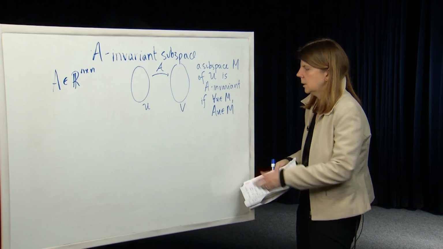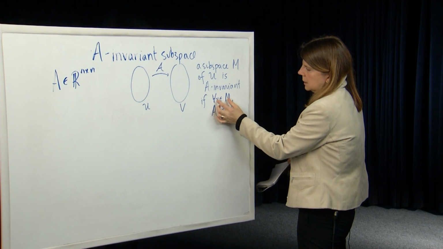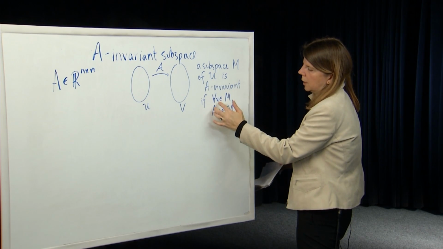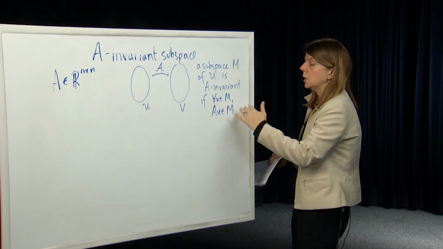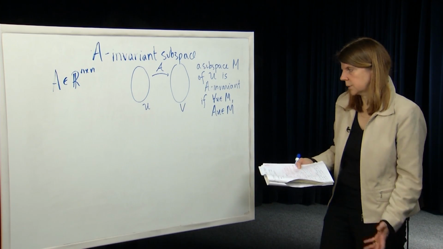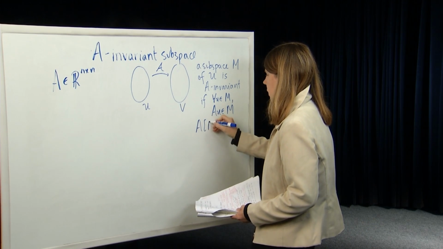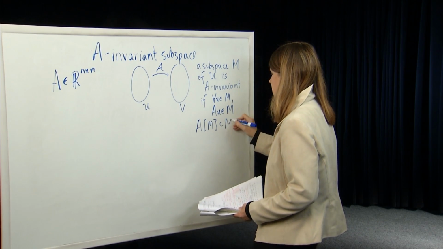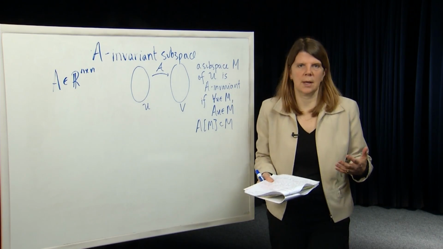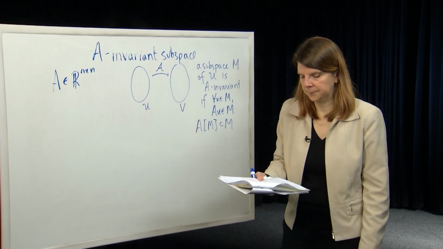It doesn't matter. It says that if you operate on any vector in M by A, you stay within that subspace. We often write this as A operating on the subspace M is a subset of M. You get back into the same space, so you can't get out of that space by operating with the operator A.